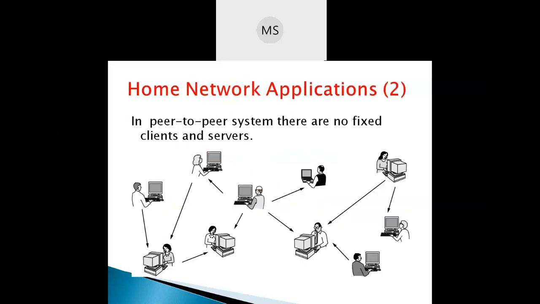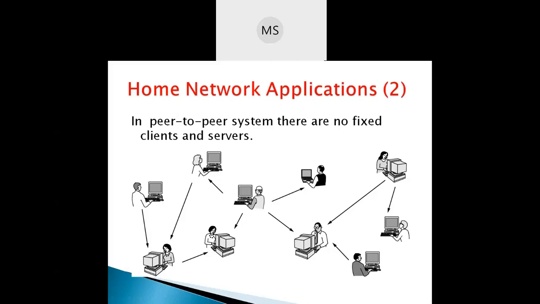So in home network applications, let us assume these people are peers, so we can say these are peer-to-peer systems. In home-related networks, there is no client-server model. It is what we call a peer-to-peer system model. There are many paths to communicate from one person to another.